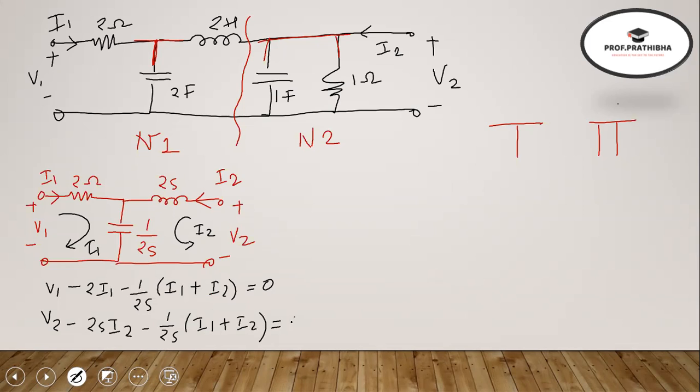I want you to solve these equations and get V1 equal to something and V2 equal to something. Quickly do it first. It's not going to be difficult. Get it in terms of I1 and I2.